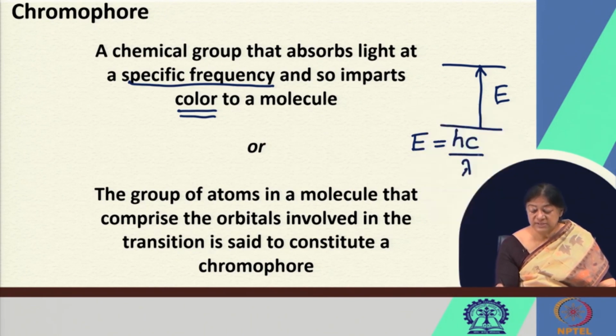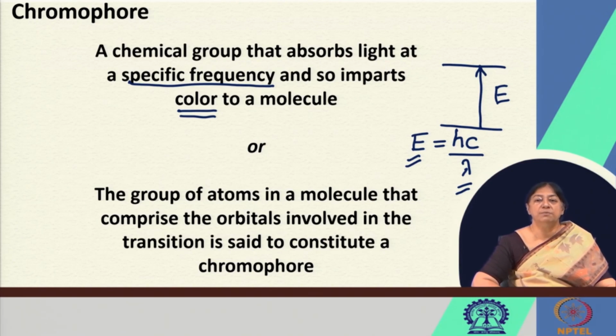So, when we look at this expression, we look at the wavelength, we look at the energy, and we try and figure out that if there were particular chromophores in proteins, what would the lambda values be and where would they lie in the overall electromagnetic spectrum.